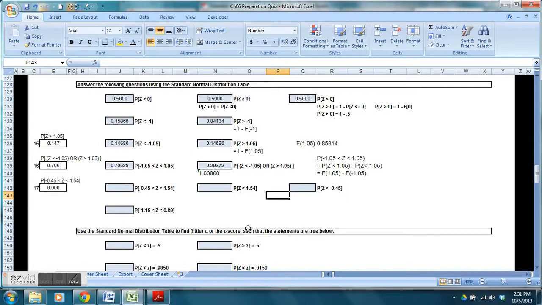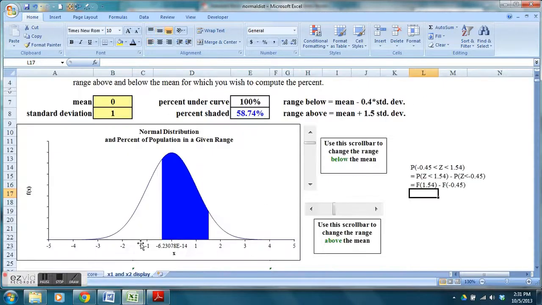Alright, let's fly through these last ones. Probability that z is between negative 0.45 and 1.54. Draw the graph, which I did right here. Draw the bell curve, mean 0. Shade the area we're interested in. This line is negative 0.45 and this line is 1.54. We want everything in between.